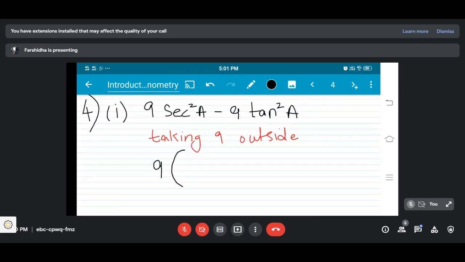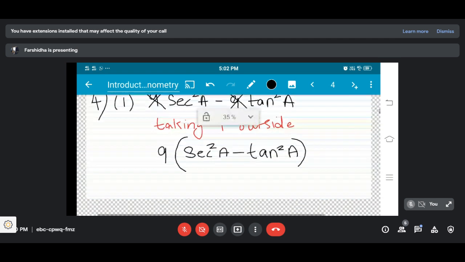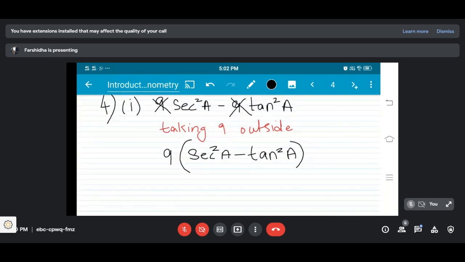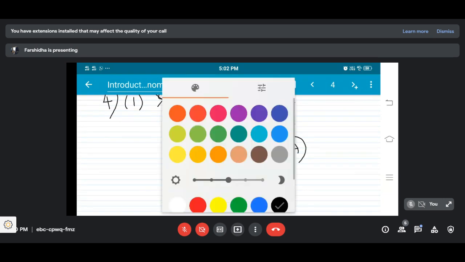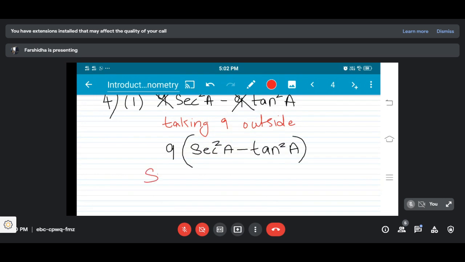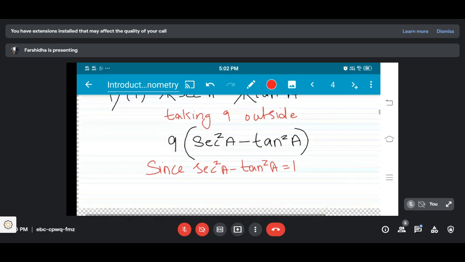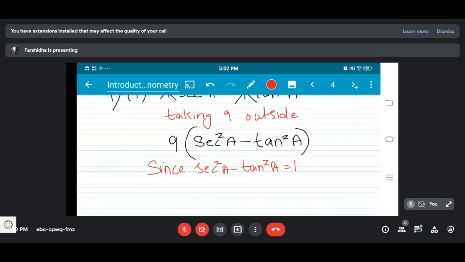When we take 9 from here, sec square A remains there, minus, from here also we have taken 9. So tan square A is remaining. So 9 into sec square A minus tan square A. So we have our second identity, that is sec square A minus tan square A is equal to 1. So we'll substitute this equal to 1. What is remaining? 9.